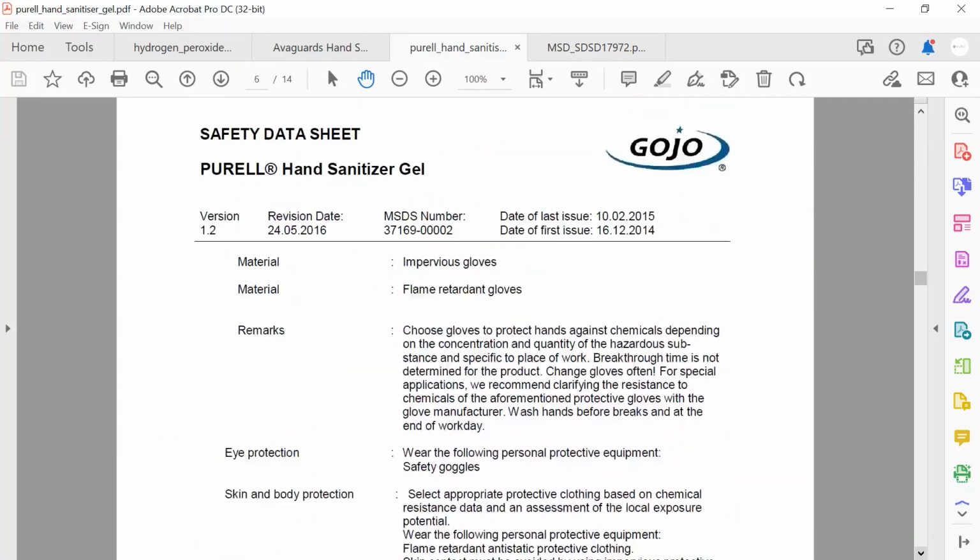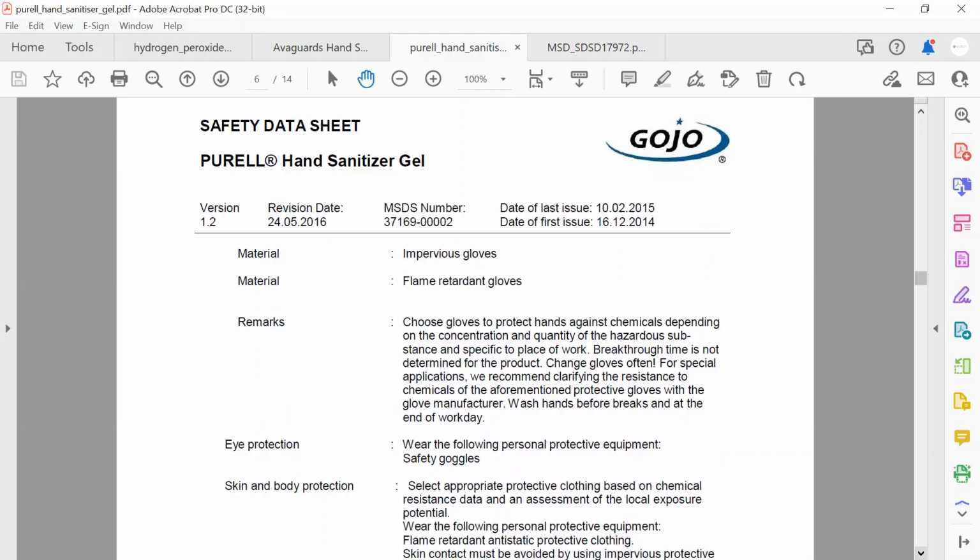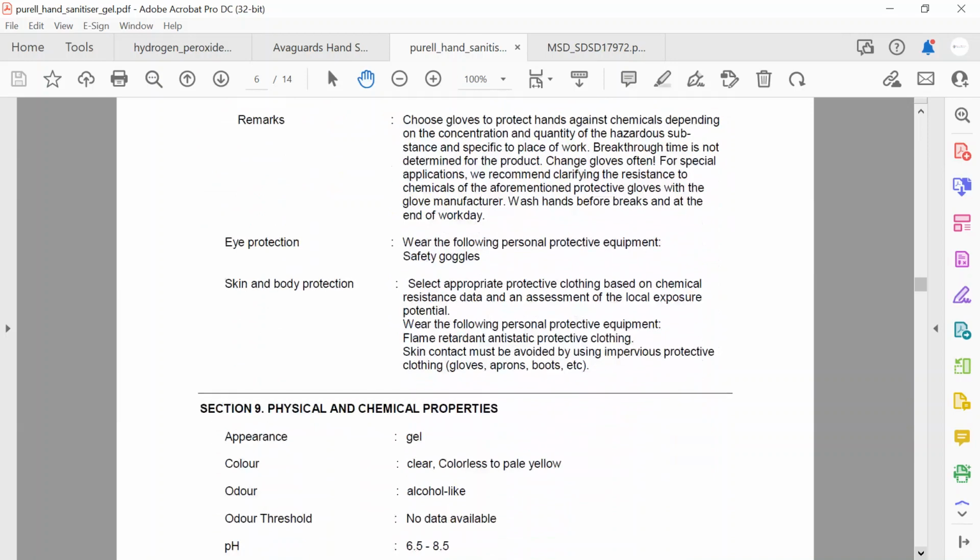It does talk about wearing impervious gloves, even though it's a hand sanitizer, and they would like you to utilize flame retardant gloves. It talks about wearing eye protective equipment and to select appropriate protective clothing, and then flame retardant anti-static protective clothing. And skin contact must be avoided by using impervious protective clothing.